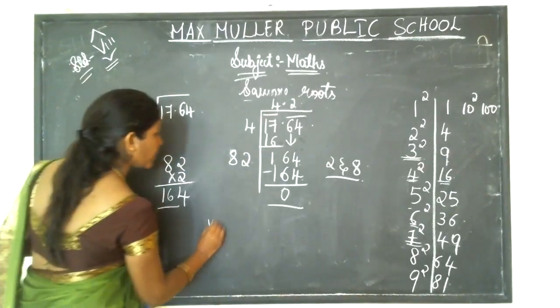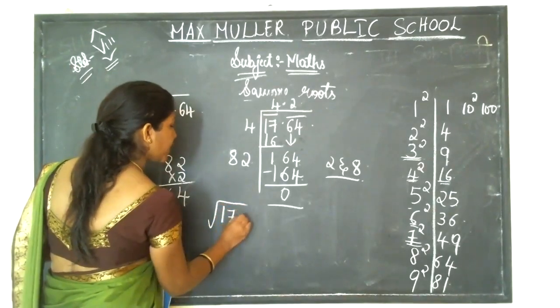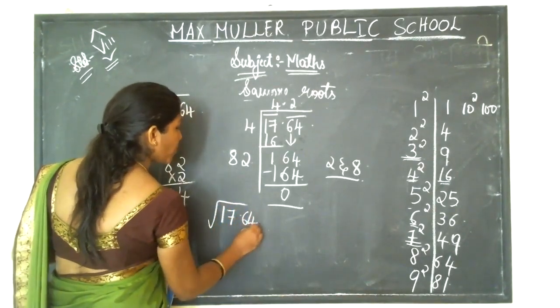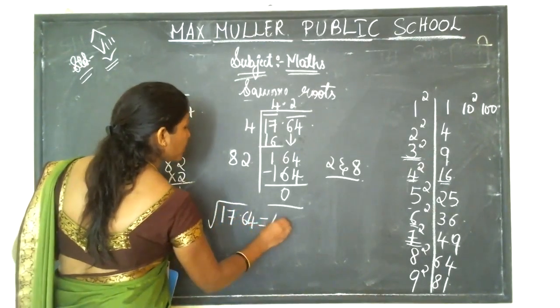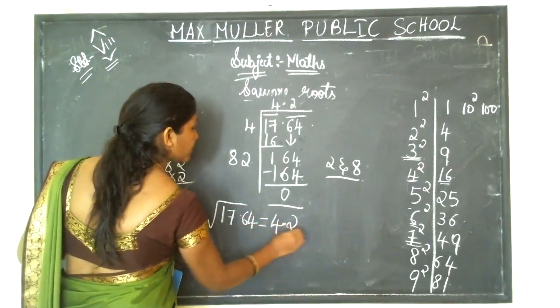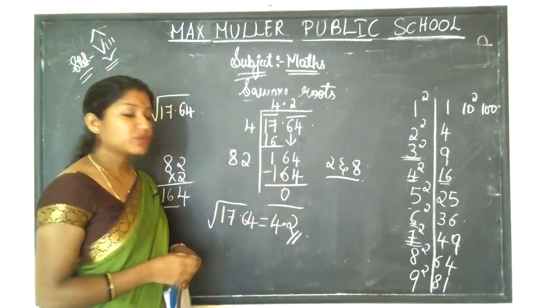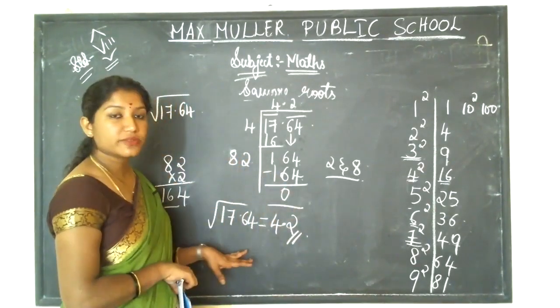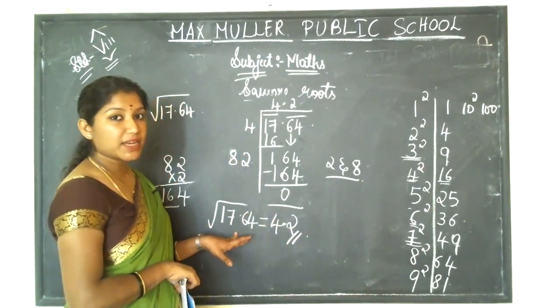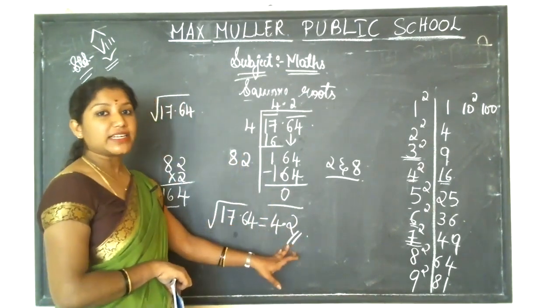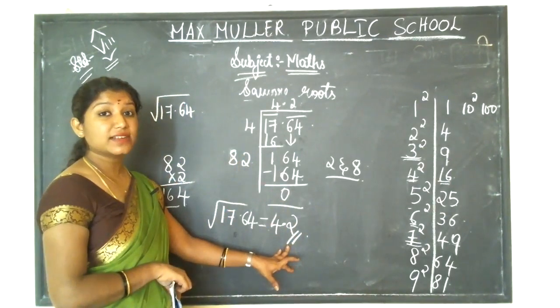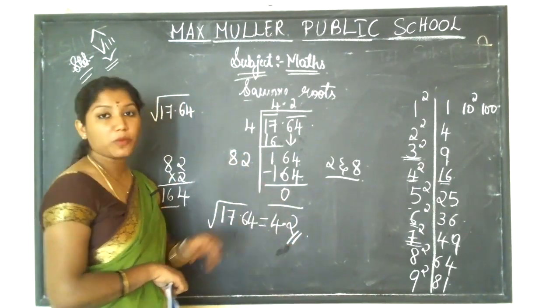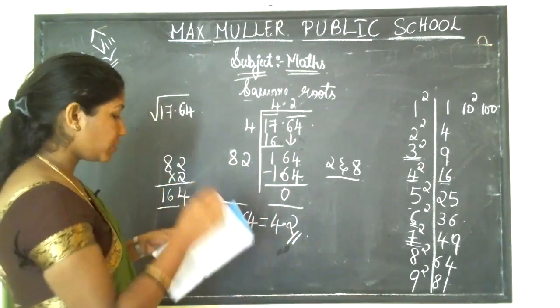So the square root of 17.64 is equal to 4.2. The square root of a decimal number, you will get a decimal number only. That is 4.2. Hope all understood this, students?